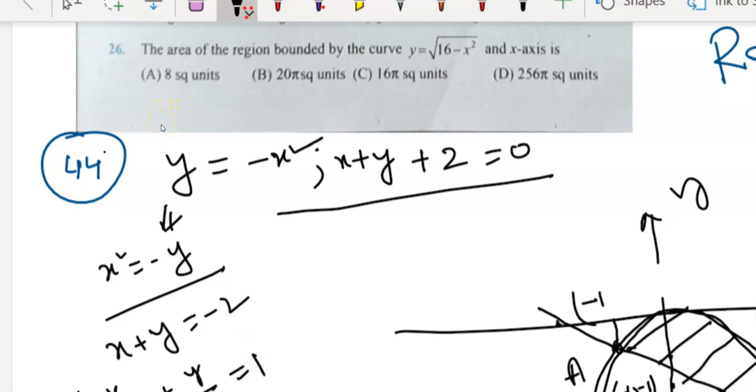23. The rough sketch of y equal to 1 plus mod x plus 1 between minus 3 and 3 and y equal to 0.